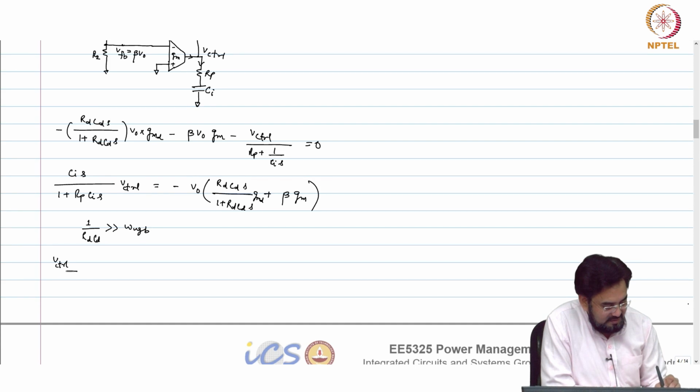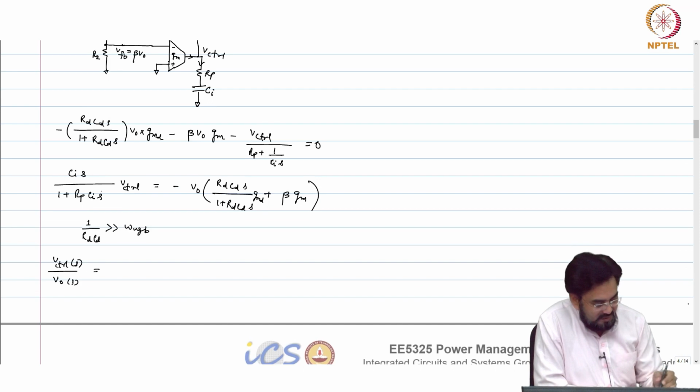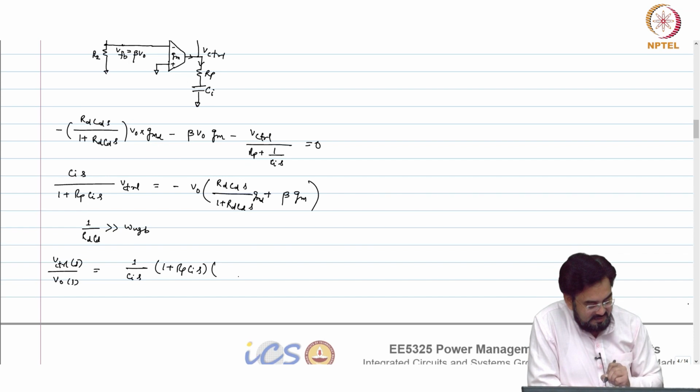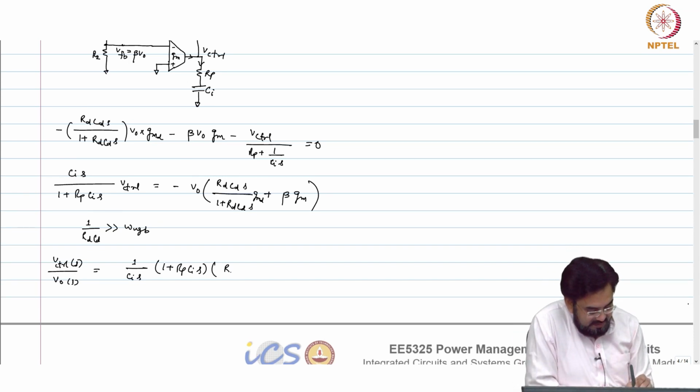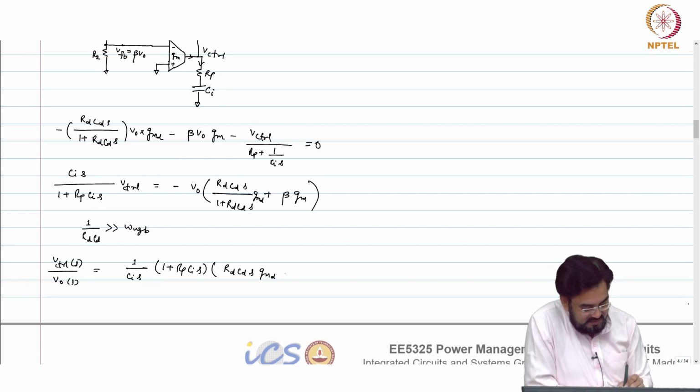So VCTRL over V out. So this will become 1 over CIS, and you have this 0, 1 plus RP CIS, and then you have this guy RD CDS, GMD plus beta GM.